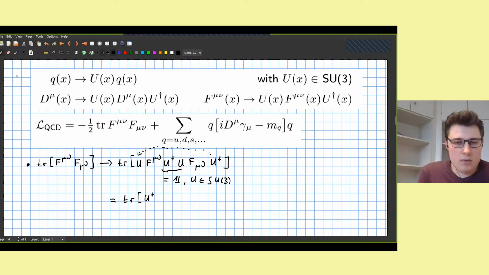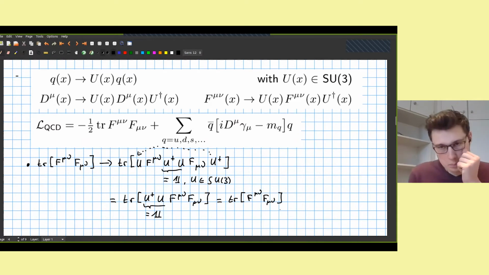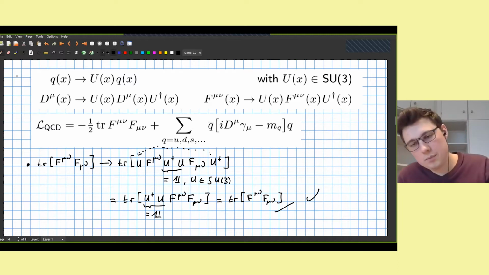In this case, it's quite irrelevant actually, but let's do it this way. And as you might see, this here again gives us a unity matrix. So what is left is exactly what we started with. Trace of F mu nu, F mu nu. Okay, so this works.